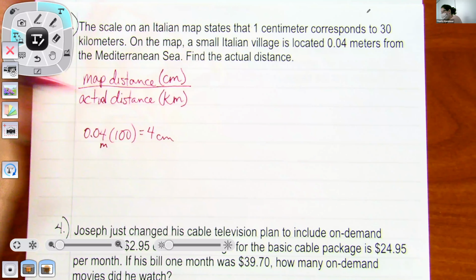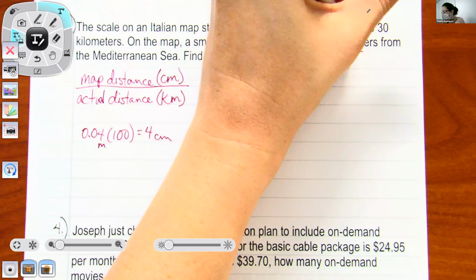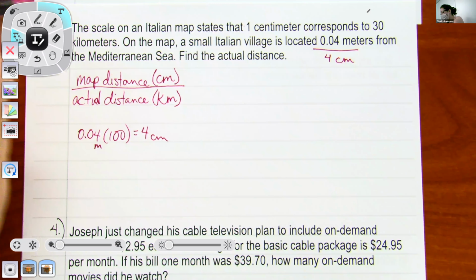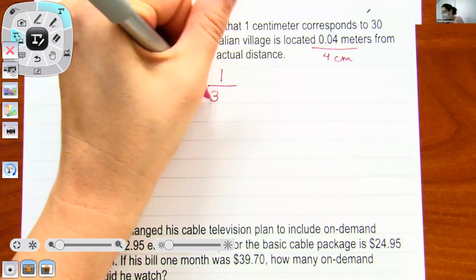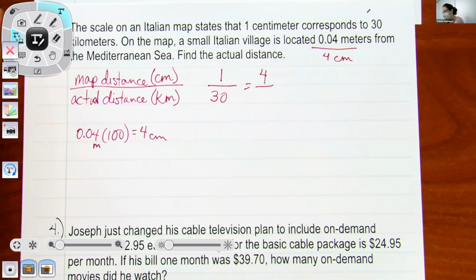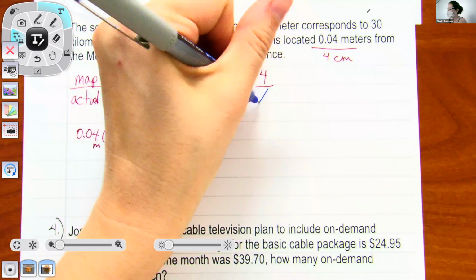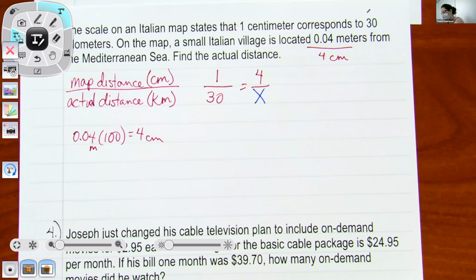Okay, so that's the same thing as 4 centimeters. All right, so we know that 1 centimeter goes with 30 kilometers. So 4 centimeters goes with X. And that's what we want to find out. So just cross multiply.